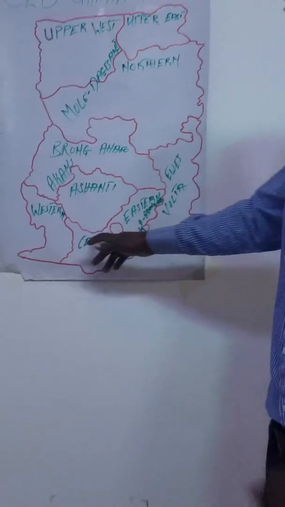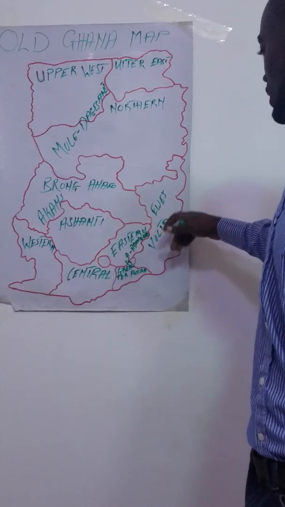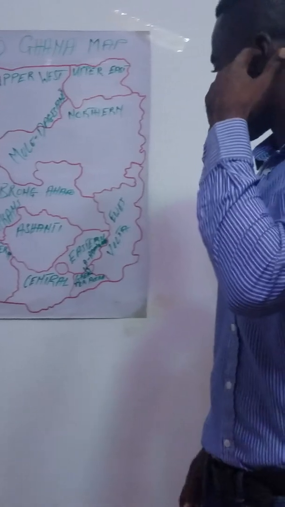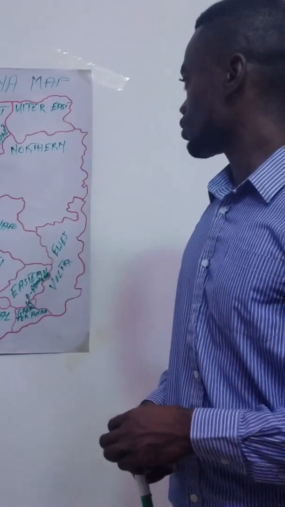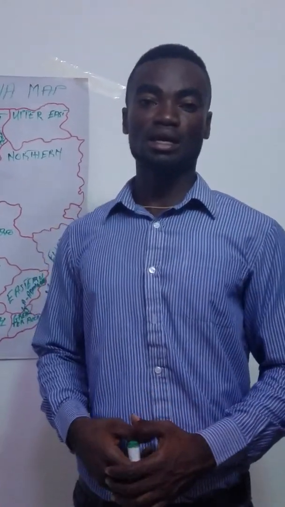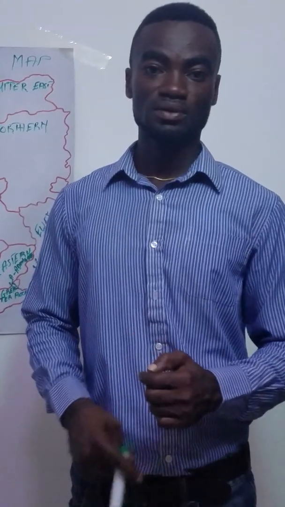The Gas and the Fantis settled around the coastal areas, and the Ewes settled around the Volta area. Knowing some of these states and kingdoms that expanded during the pre-colonial era, let us now look at the factors that ignited the expansion of states and kingdoms in Ghana.